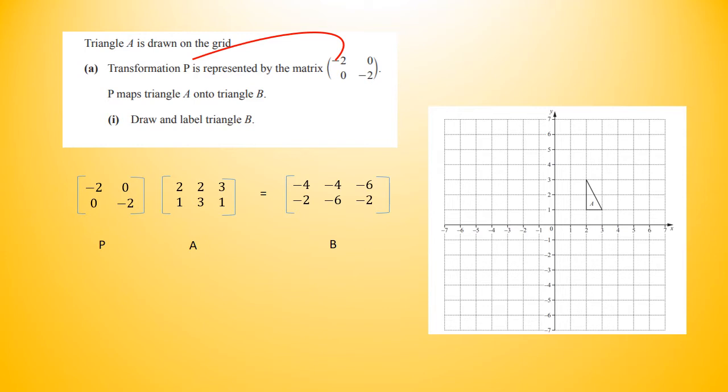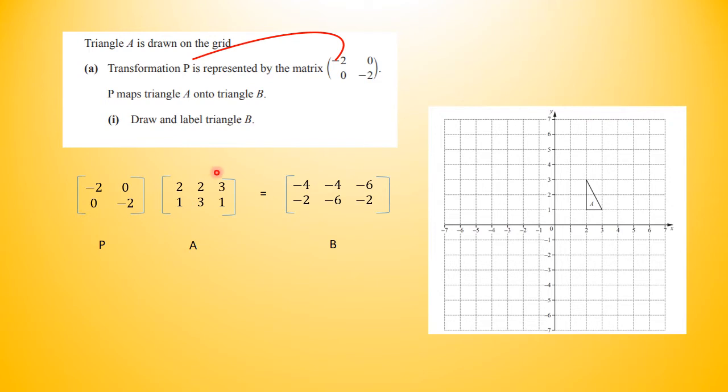So you know how to multiply two matrices, which is row by column form. So -2 into 2 is -4. And then again -2 into 2, it's -4, because 0 into 3 makes a 0.